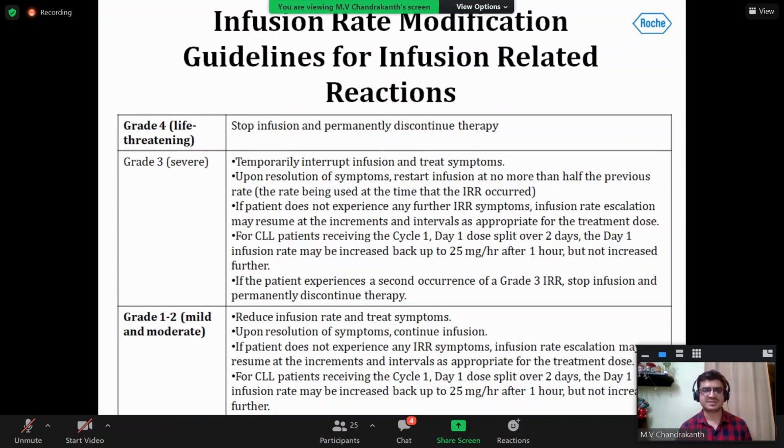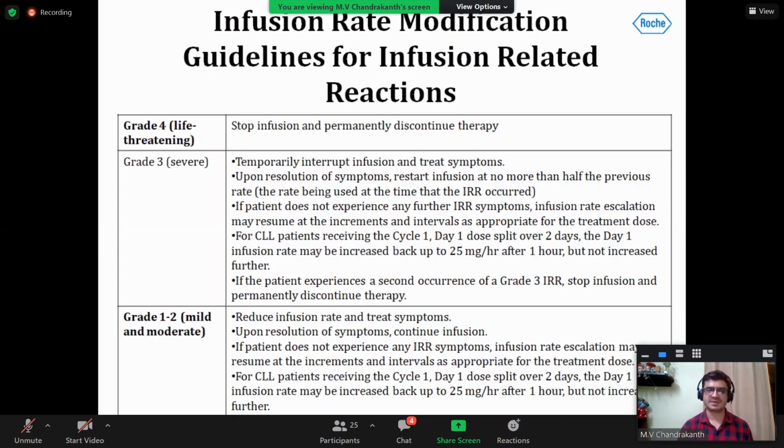So for CLL patients receiving the cycle 1, day 1 dose split over 2 days, the day 1 infusion rate may be increased back up to 25 milligram per hour after 1 hour, but not increased further. So very important, for the first infusion, we must be very careful. Cycle 1, day 1.